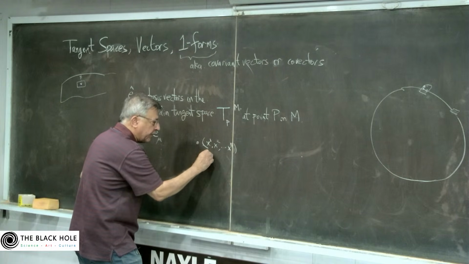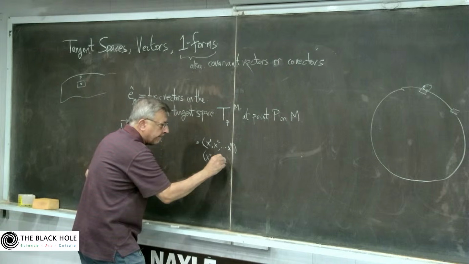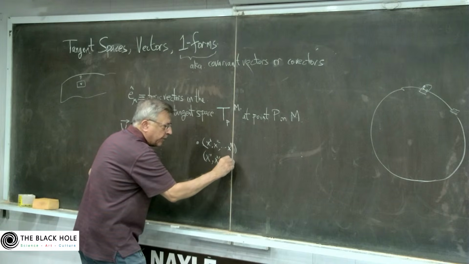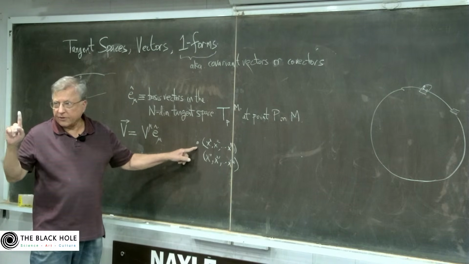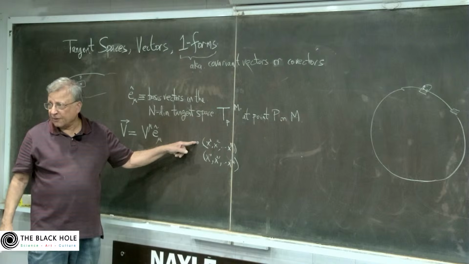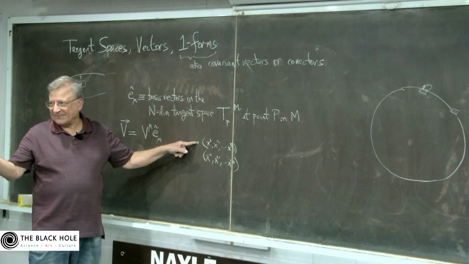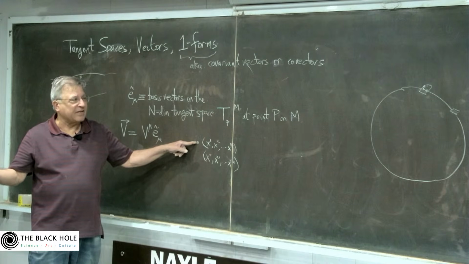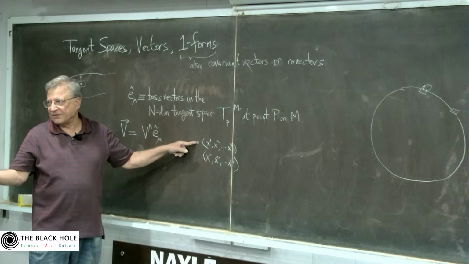Let's call them x1 prime, x2 prime, xn prime. Just absorb this first. Same point P, but different coordinates. And you at least have one example in mind, polar coordinates.